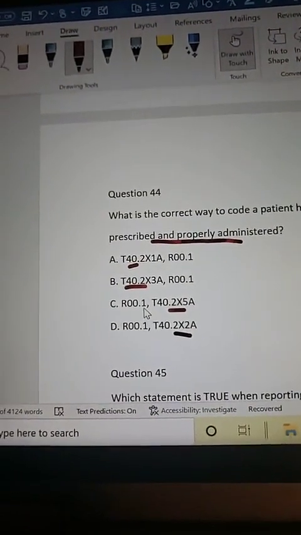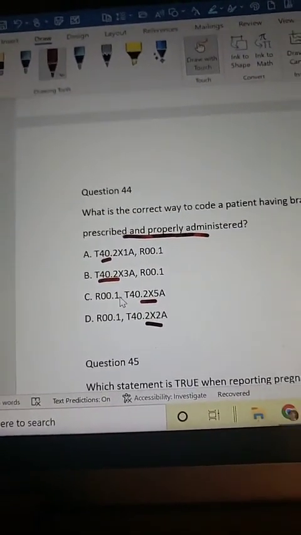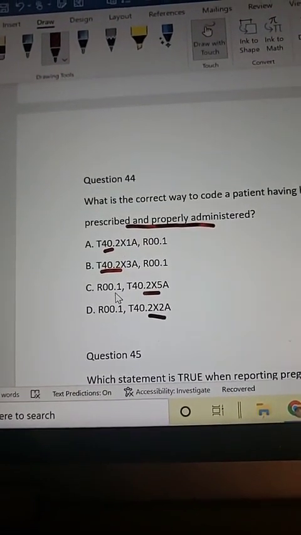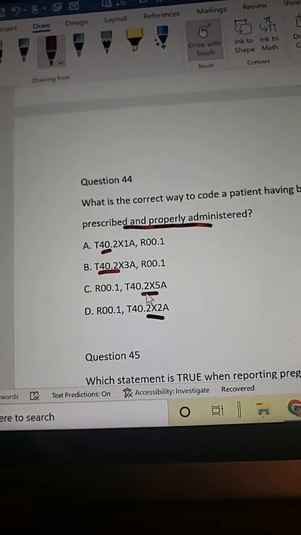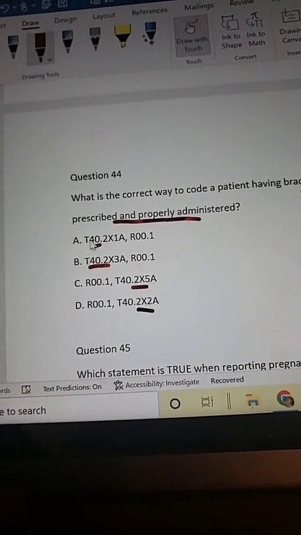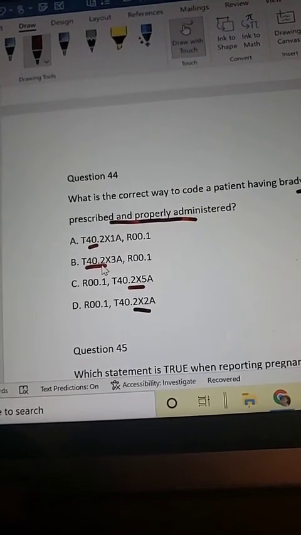And it's definitely one of the guidelines you really want to know during your CPC exam. So for this one, you don't list the medication first because it was prescribed properly. Now, if they were poisoned by something or overdosed on something, you definitely want to do your drug first, which is going to be your T code.